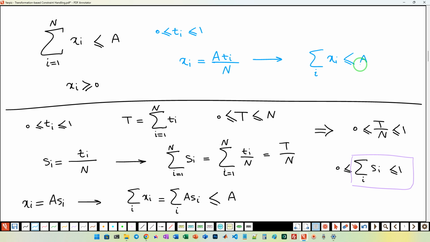And that's it. That's our solution. That's another way, but it is different than the previous one.